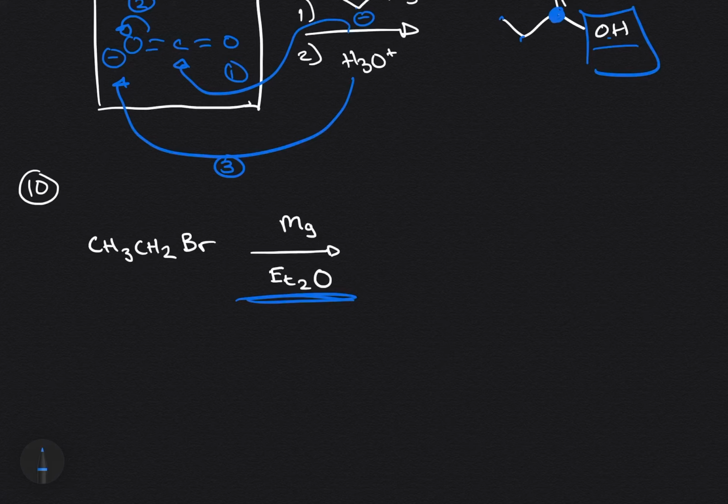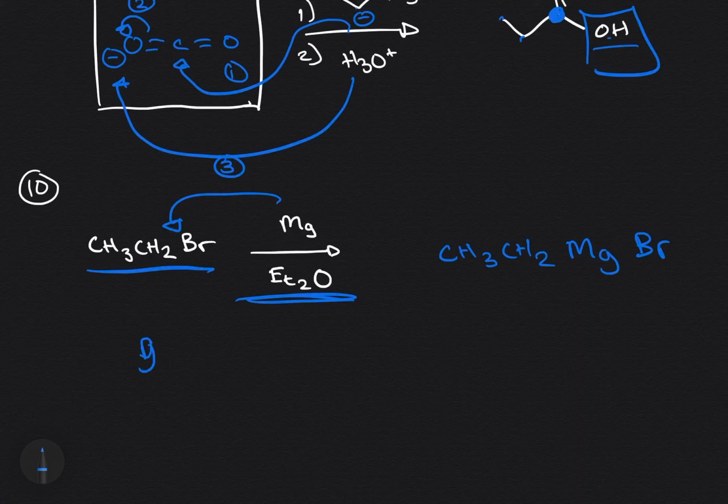So hopefully we know that with these reagents, any alkyl halide like this, Mg and Et2O, we're just going to squish that magnesium in there to form our Grignard, MgBr, just like that. I'll just write Grignard formation, in case you want it.